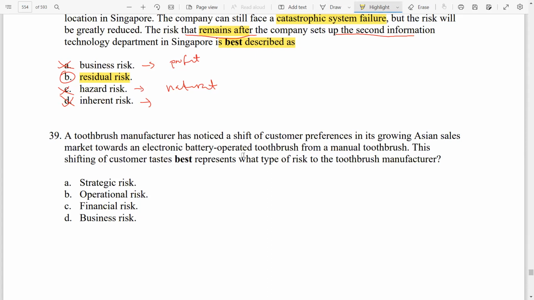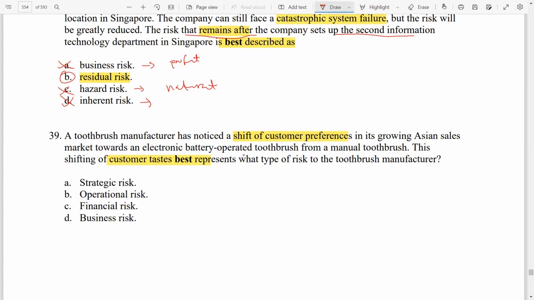A toothbrush manufacturer has noticed a shift in customer preferences in its growing Asian sales market toward an electronic battery-operated toothbrush from a manual toothbrush. This shifting of customer taste best represents what type of risk to the toothbrush manufacturer? Once I read it, I automatically know what that is.